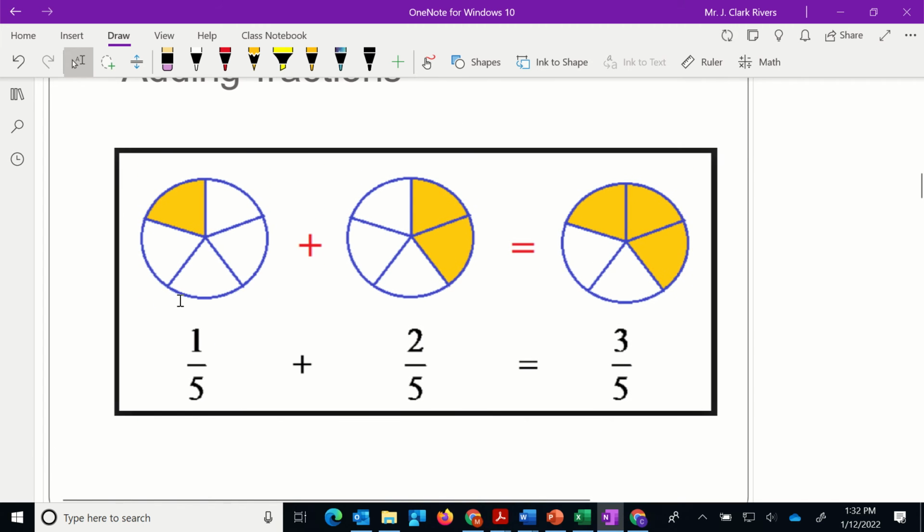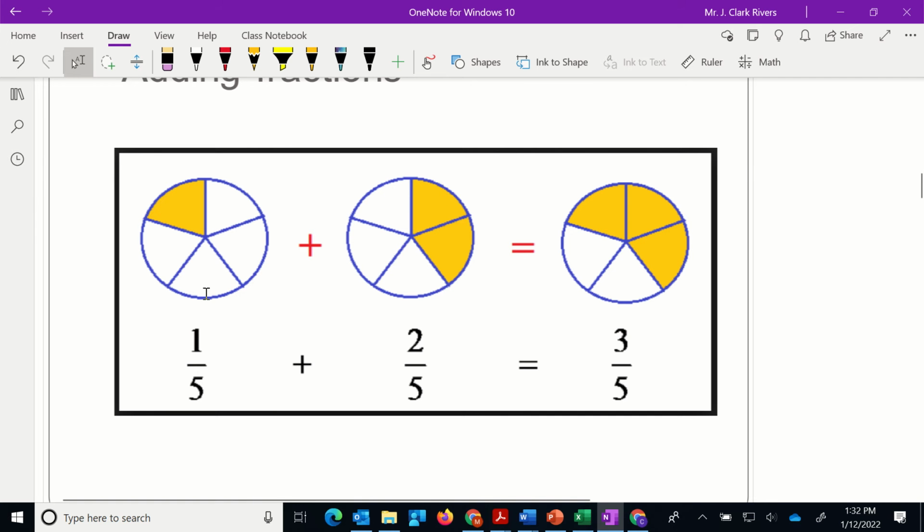All right, let's talk about adding fractions. So here we have a pie, right? And this pie has been divided into what? Fifths. Very good. And this is 1/5. That shaded region is 1/5. We're going to add to that the same pie, or an identical pie, I should say, also divided into fifths. But now we have what? 2/5.